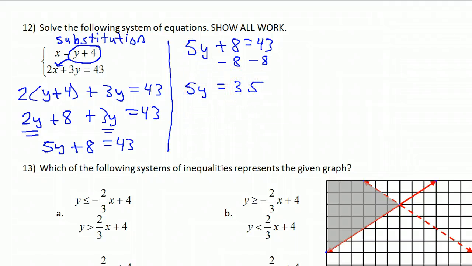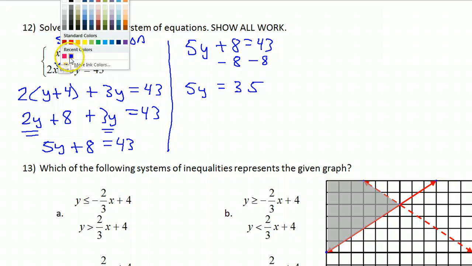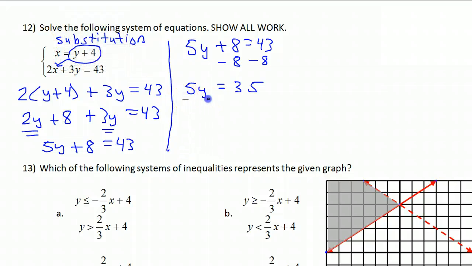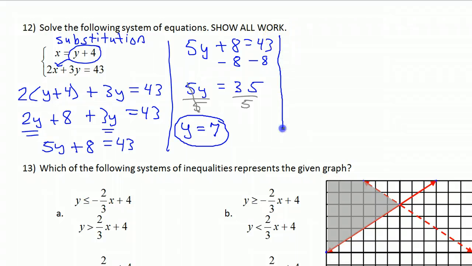Now if I divide both sides by 5, that'll give me that y is equal to 7. So that's one of my answers, but I still need x. Remember, from over here, we know that x is equal to y plus 4.